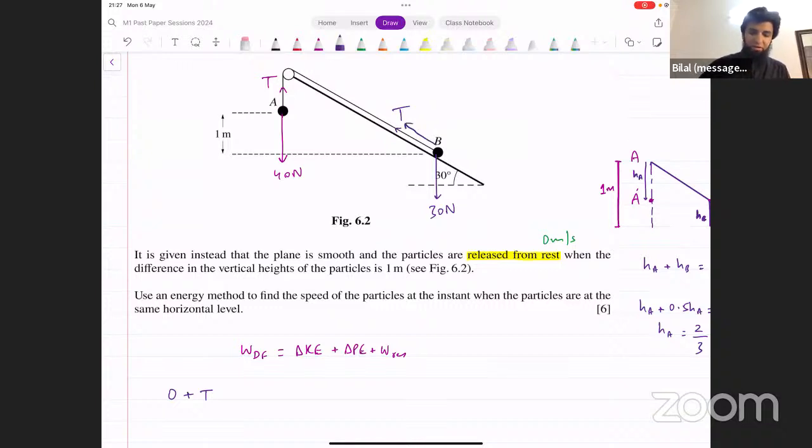What's the distance traveled by B in this direction? So let's say B comes here at some point here and A comes to this point here. Now we know that this distance that A travels downwards, that is how much? 2/3 or 0.67, 0.6667. So this is also 2/3.